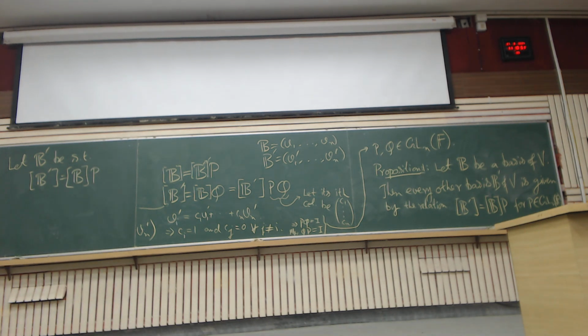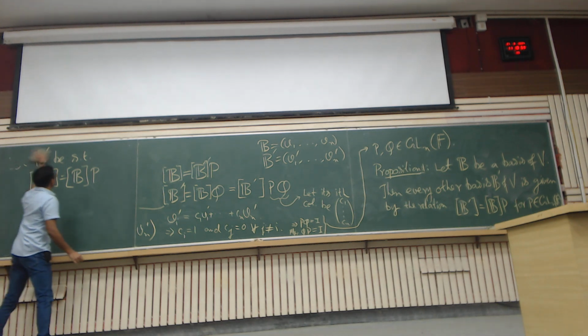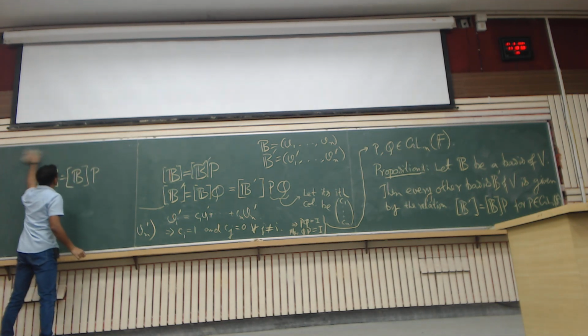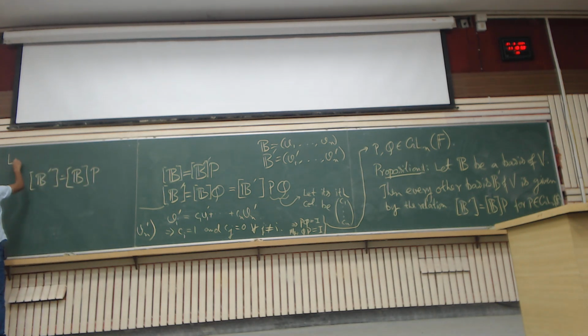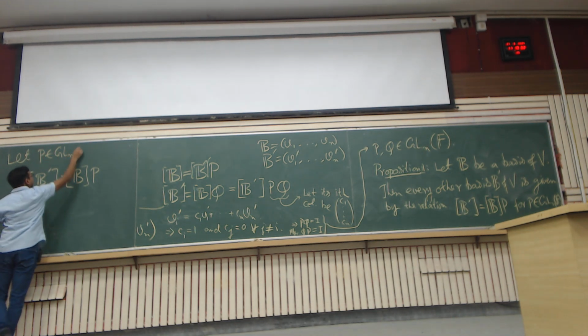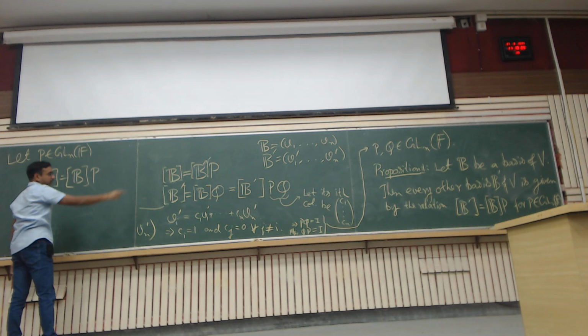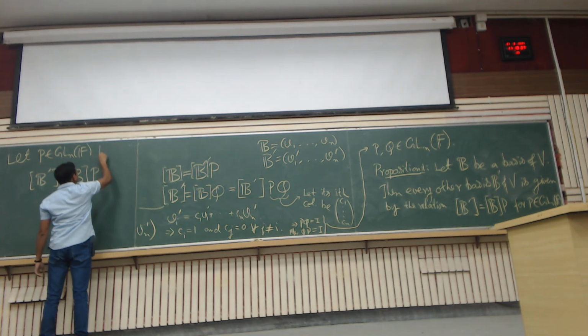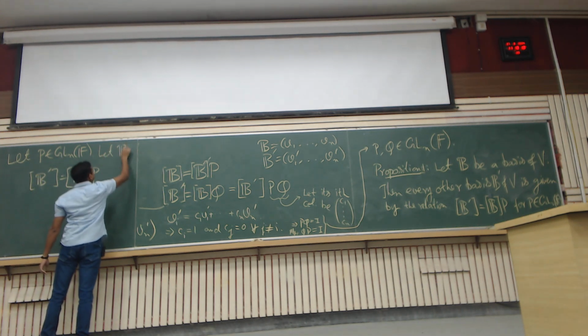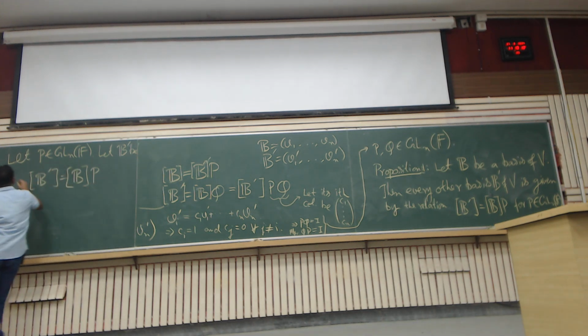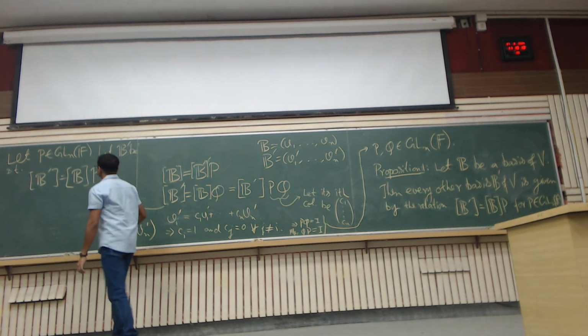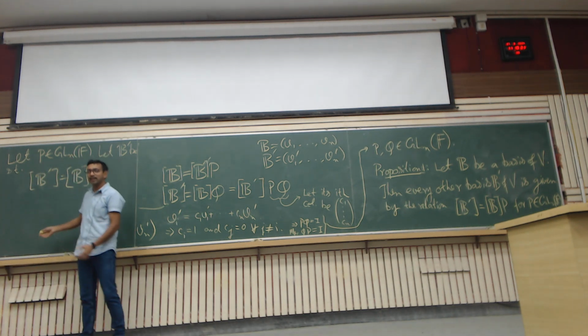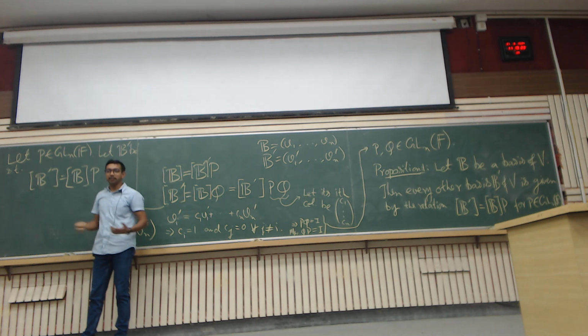Sorry. At first we should take some P in GLNF. Let P be an element of GLNF, and we are given B. Now let B prime be such that B prime is being defined by this equation. All you have to show is that the elements of B prime are linearly independent.